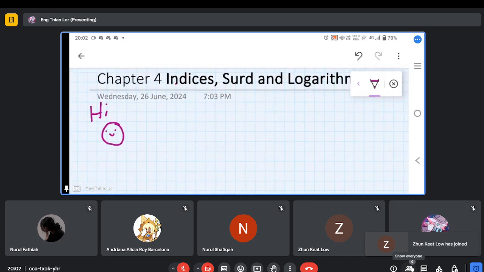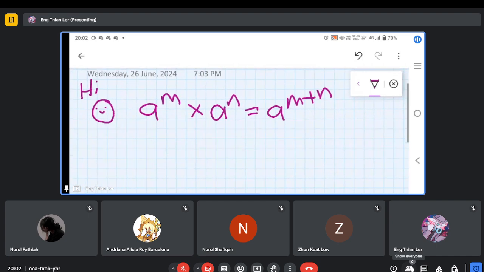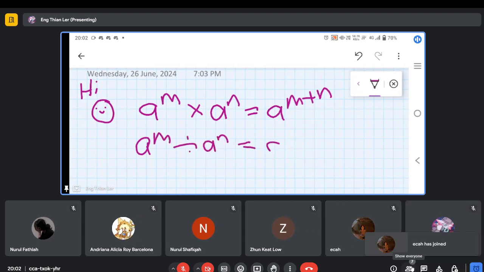First, we have a to the power m multiplied by a to the power n equal to a to the power m plus n. This is the first law of indices. The second one is the same but divide, equal to a to the power of m minus n.